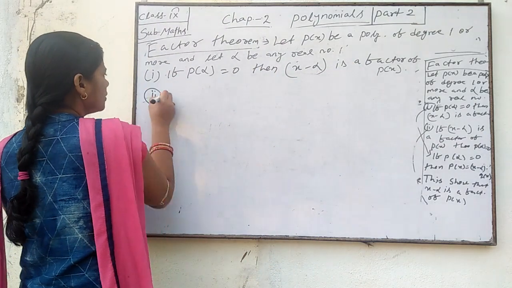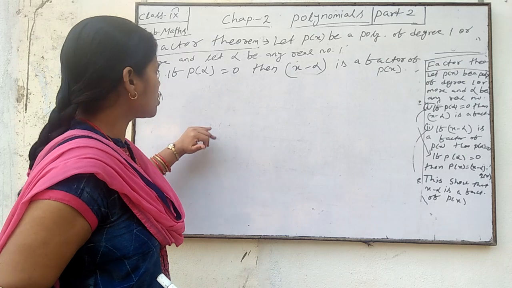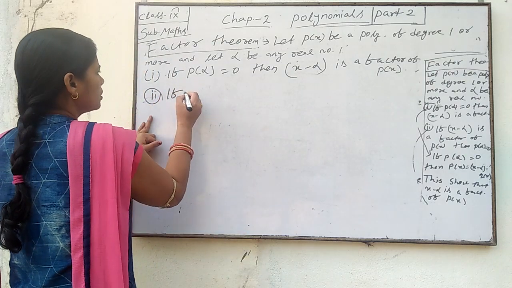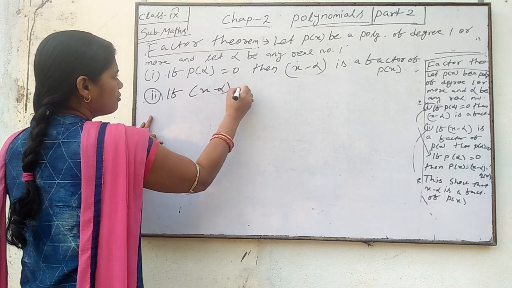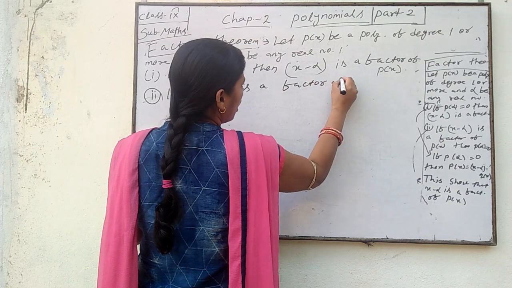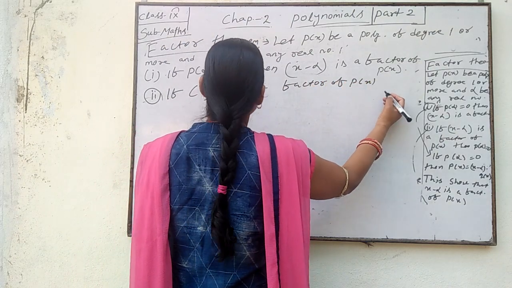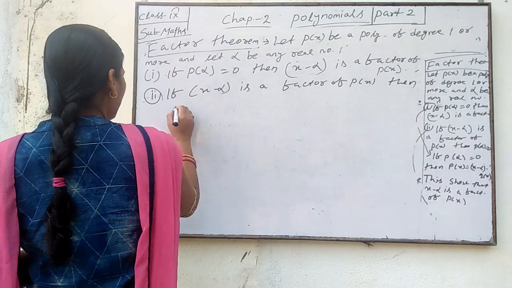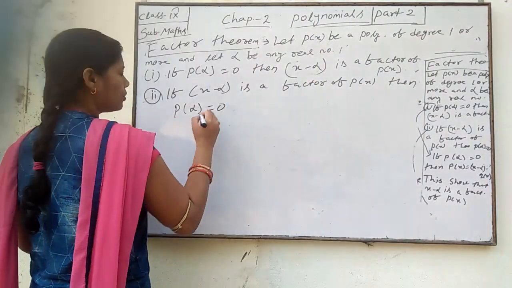Then the second point is just the reverse of the first point. If x minus alpha is a factor, then p of alpha is equal to 0.